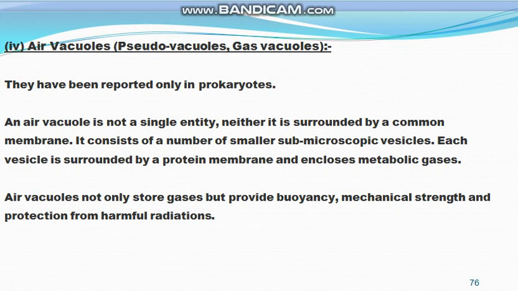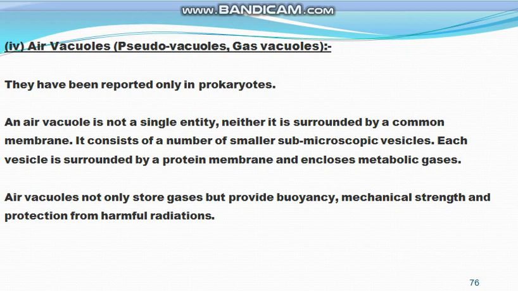Either you say air vacuole or pseudo vacuole or gas vacuole, it is one and the same thing. And the role of the air vacuole is to store gases, provide buoyancy, give mechanical strength, and protect from harmful radiations. So these are the four types of vacuoles present in the cell.